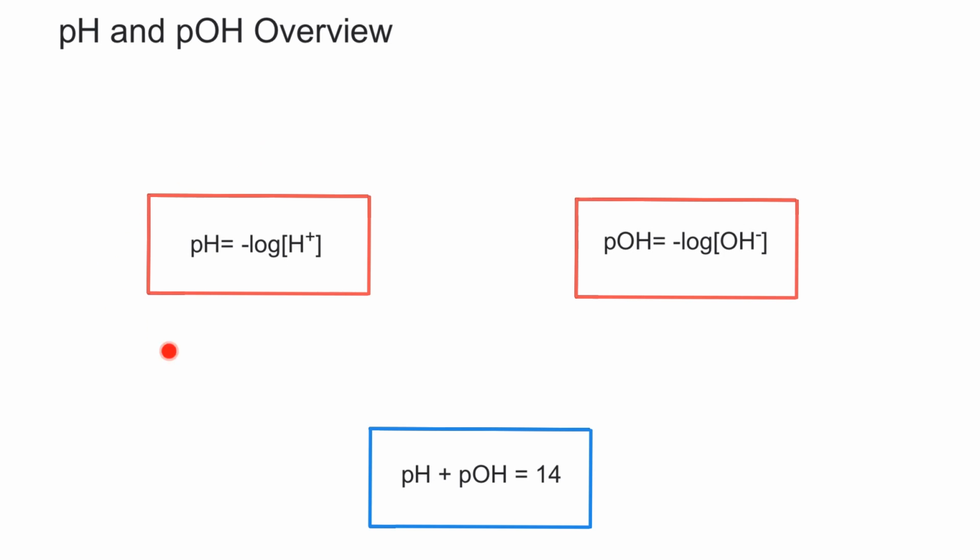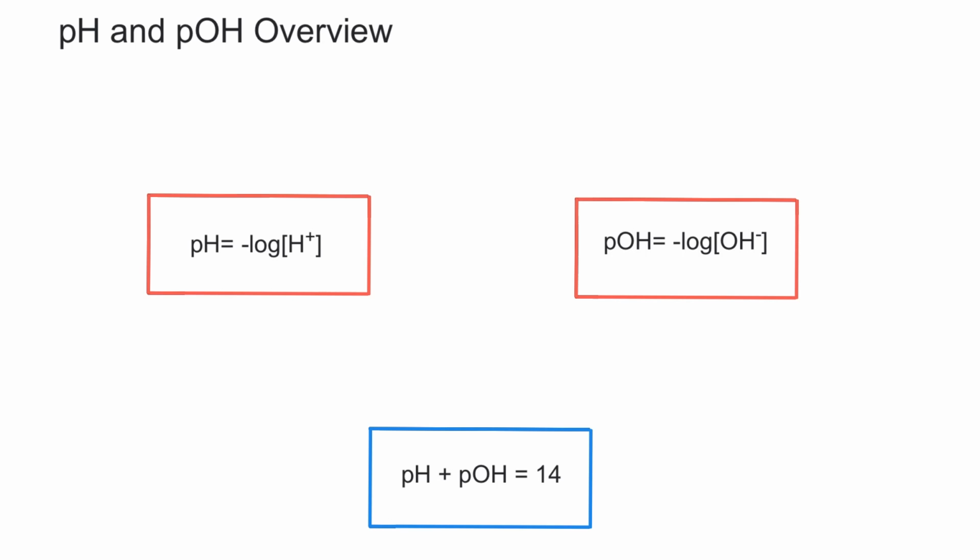The pH is equal to the negative log base 10 of the concentration of hydrogen ions, and the pOH is the negative log base 10 of the concentration of hydroxide ions. And then if you want to relate the pH to the pOH, you use the formula that says that pH plus pOH is equal to 14.